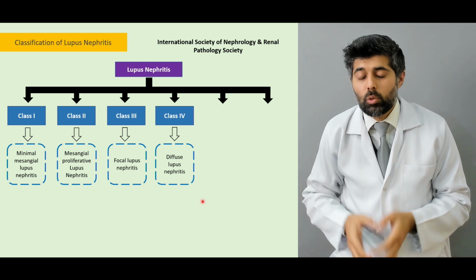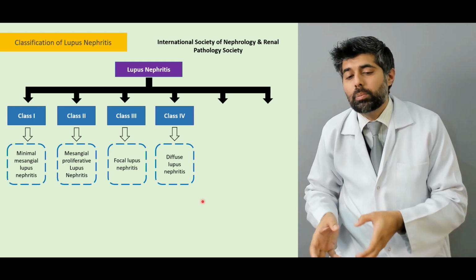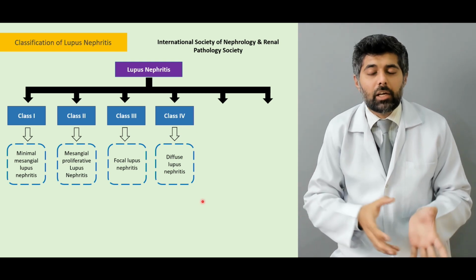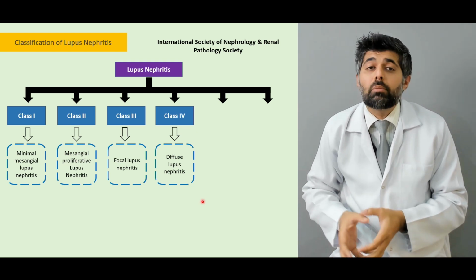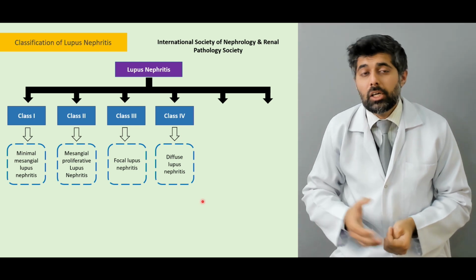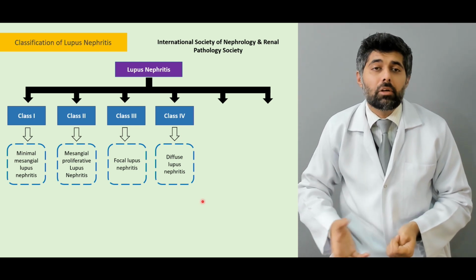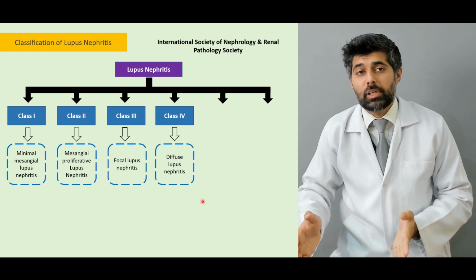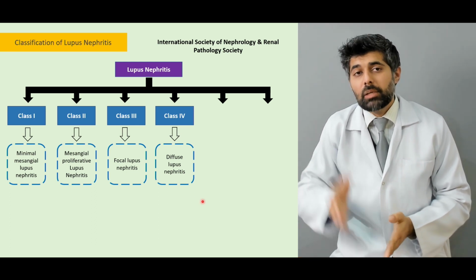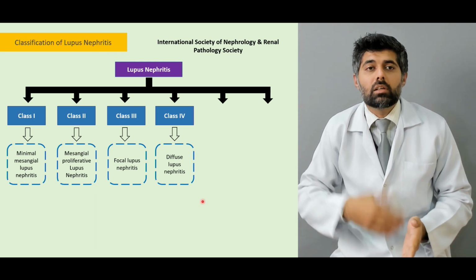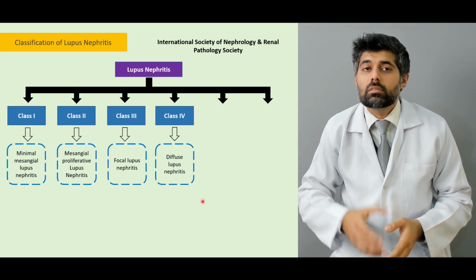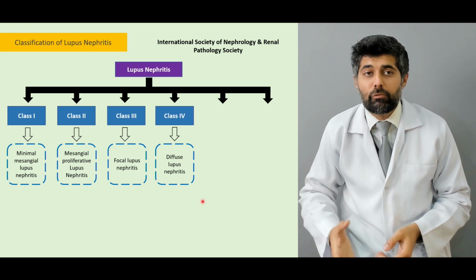In class 4, which is called diffuse lupus nephritis, again there's active or inactive focal, segmental or global extracapillary glomerulonephritis, which is more than 50%, and the deposition of the subendothelial antibodies is diffuse, it is not focal.